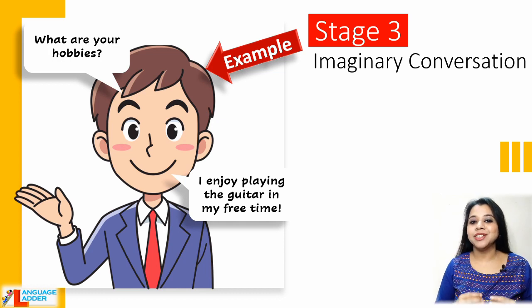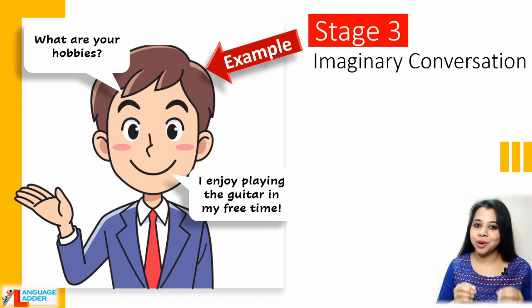Stage 3. Imaginary conversations. So stage 3 is all about rehearsals. So just like actors learn and rehearse their dialogues before the shoot, you need to rehearse what you are going to say or ask in a conversation beforehand. So have imaginary conversation with yourself whenever you are alone. Think about all the questions that people ask you frequently.